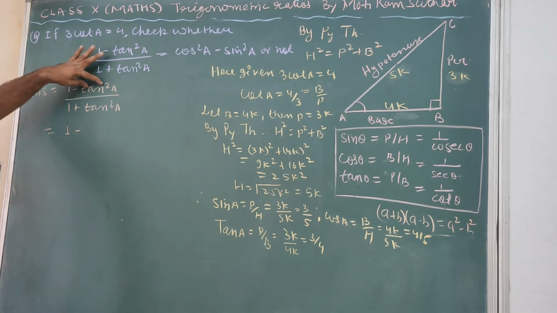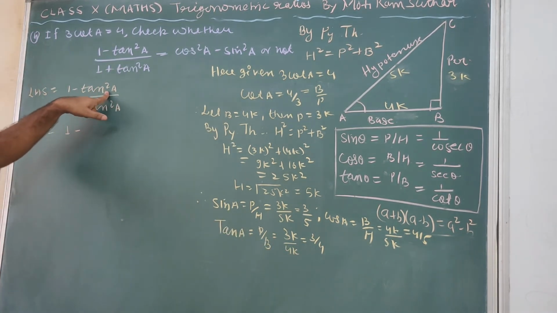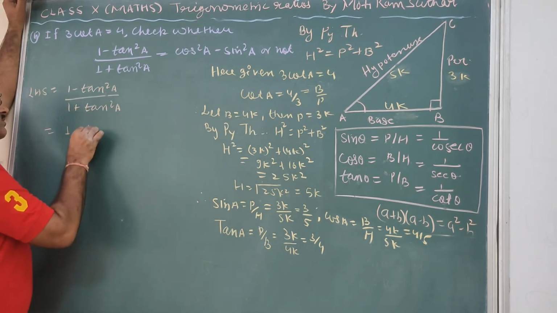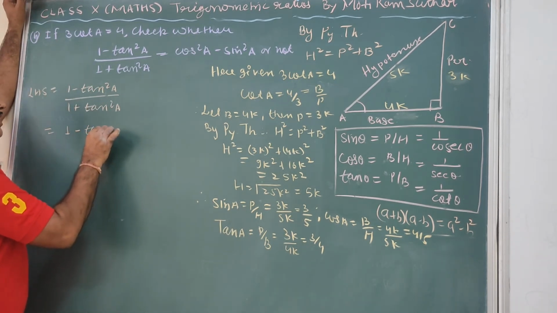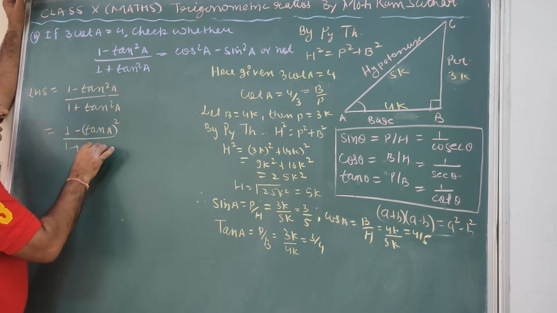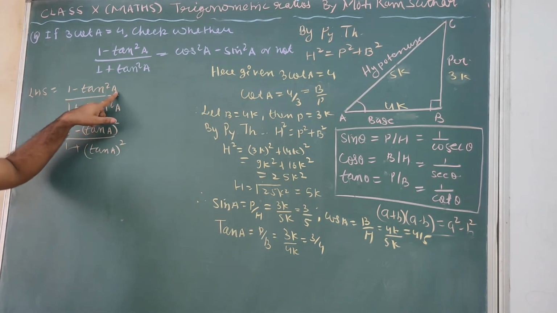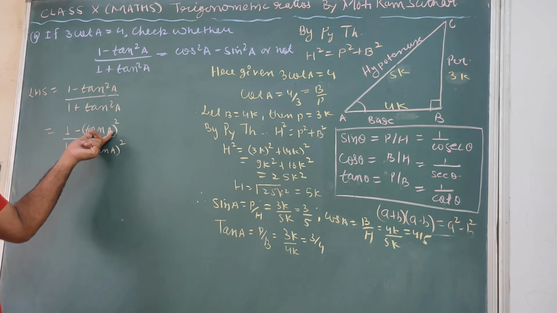Now tan A value is this, but you can write it as a whole square. You may want an extra step. 1 plus tan square A can be written as tan A whole square. We have already discussed tan square A means tan A whole square.